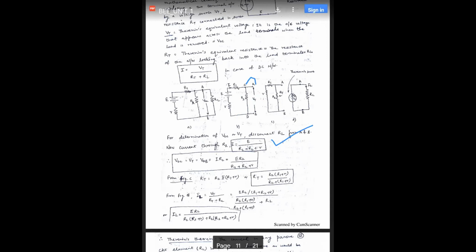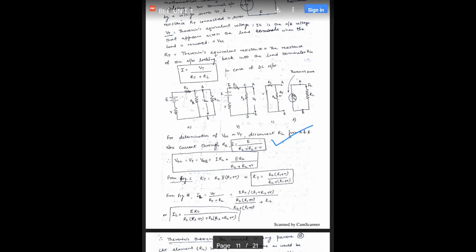Okay, it is just shown so that it is clear that between A and B nodes or points once the load was connected, the voltage across this and the voltage across this is the same as they are in parallel.